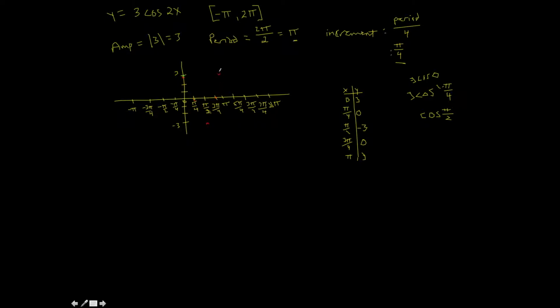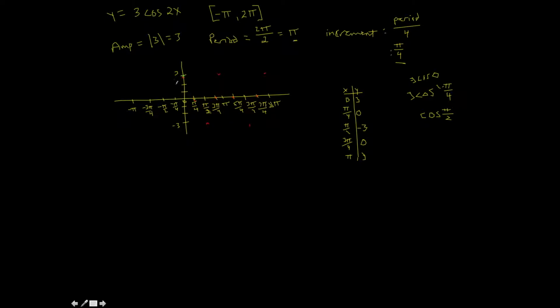So where's the next one going to go? Well, follow the points. This is going to go down. 5 pi over 4 would be 0. Then we go down to 3 pi over 2, which would be at negative 3. Back up to 0 again. Just like this. Okay?